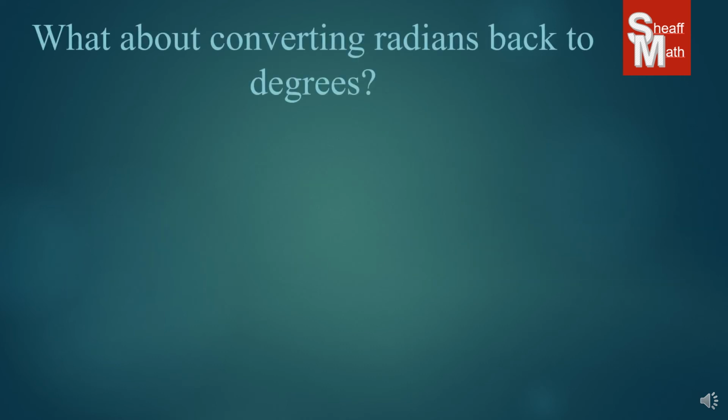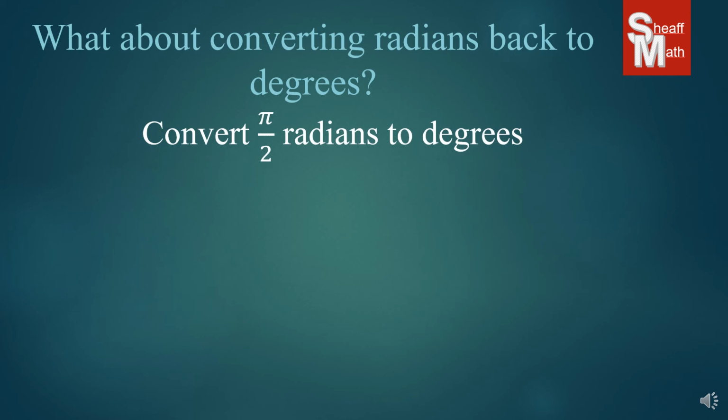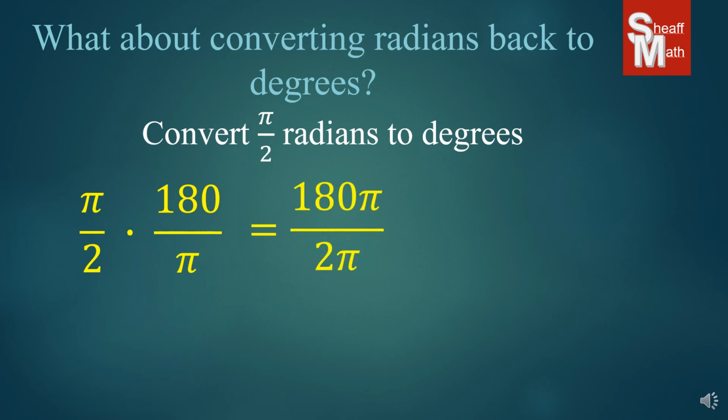All right, now, what about converting radians back to degrees? Suppose you had to take pi over 2 radians and convert it back to degrees. Well, instead of multiplying it by pi over 180, you simply reverse it and flip it, and you multiply that pi over 2 by 180 over pi. Now I know you can do some canceling, but I just want to show you we have 180 pi over 2 pi.